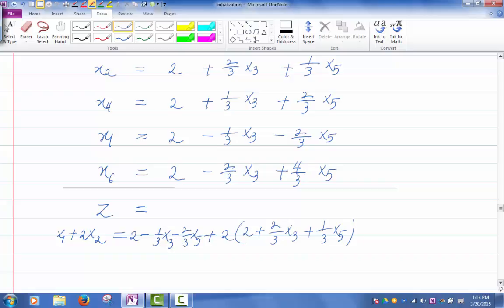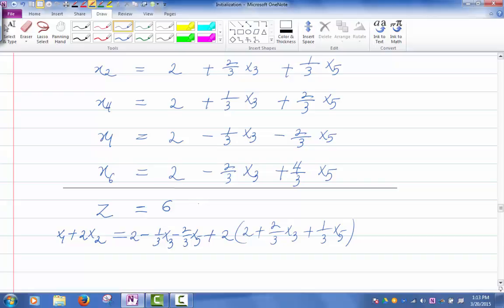Okay, so from there you can read off what z should be in this dictionary in terms of the non-basic variables. So what am I getting? What should be the constant here? Am I getting 6? You can verify that.